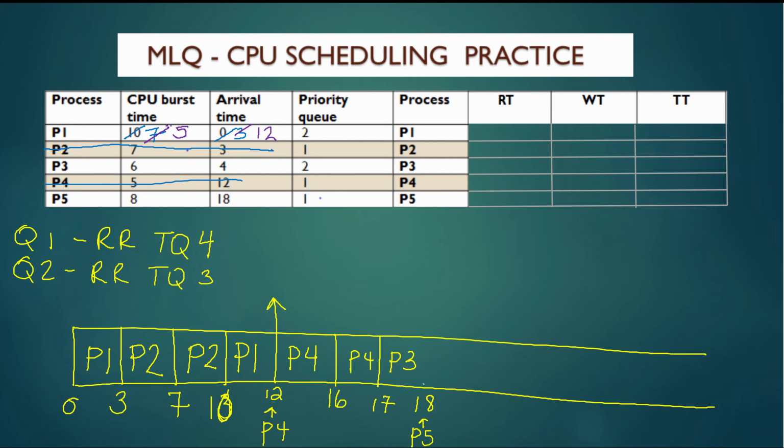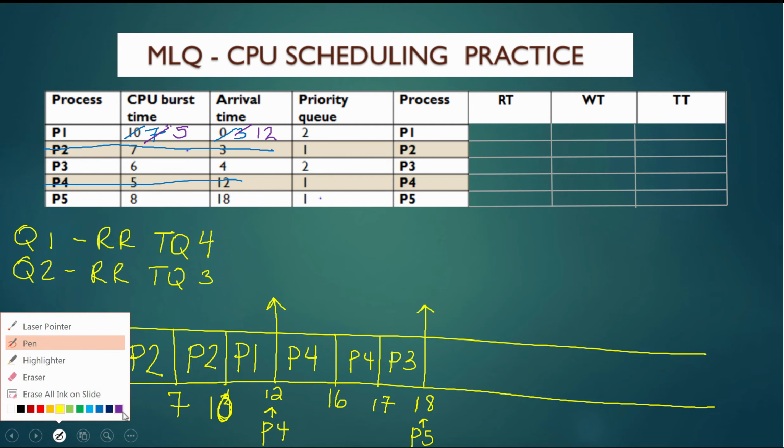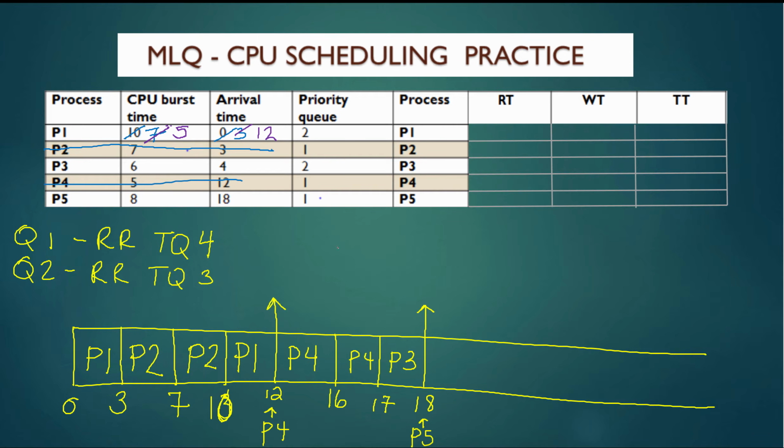And P5 is a higher priority task, so therefore P3 will be preempted at time 18. So we need to put that P3 has a new arrival time at time 18 and has 5 time units of CPU burst left. And we will notice now that P5 is a higher priority, and so P5 will now get the CPU.